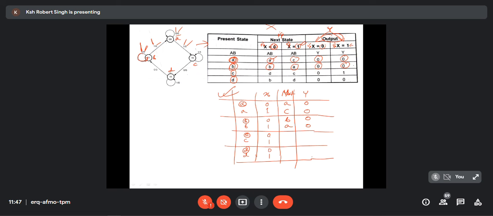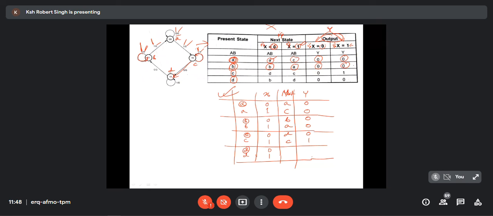From C, when X is 0, it goes to D. When X is 0, output is 0. From C, when X is 1, it goes to C itself. When input is 1, output also 1.